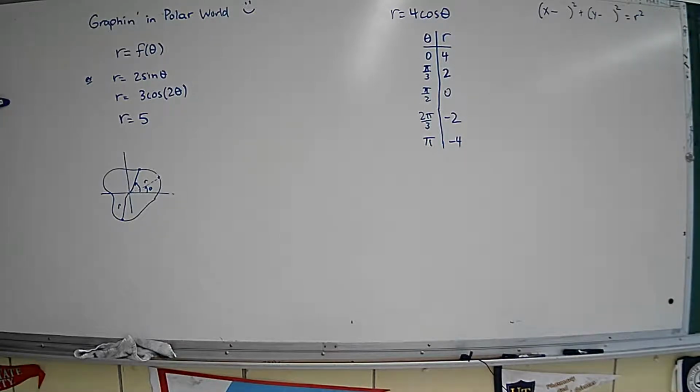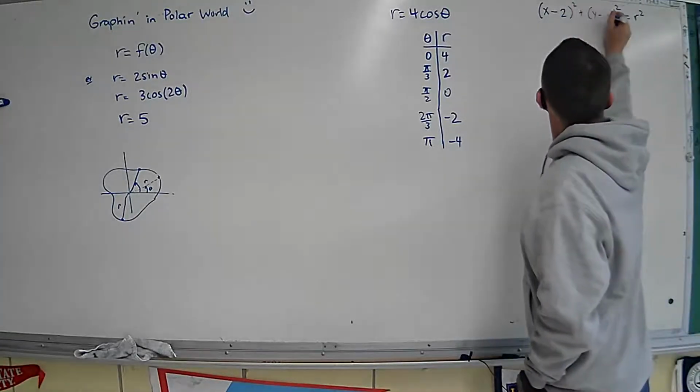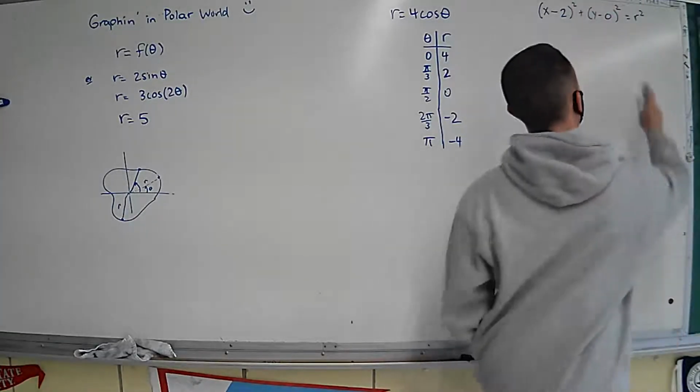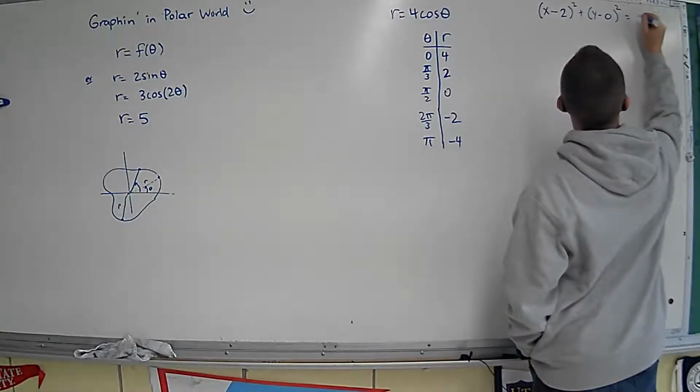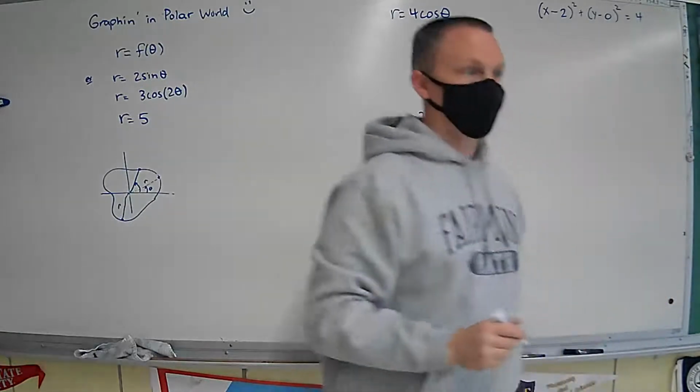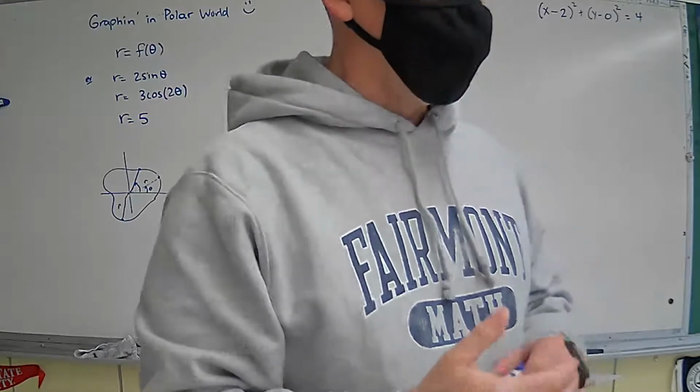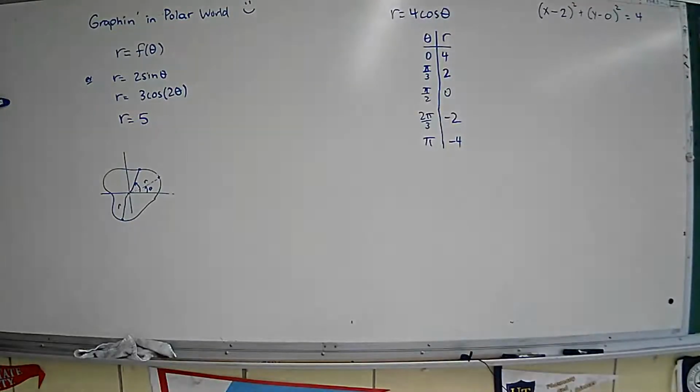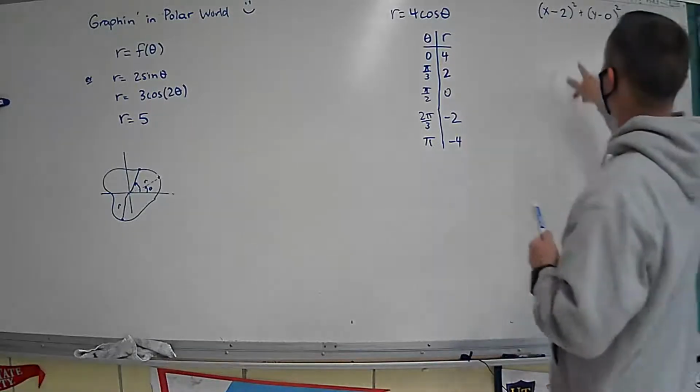What's the center of that circle? 2, 0. So the equation of the circle would be this, right? Everybody agree with that? Can we algebraically prove that by converting r equals 4 cosine theta to Cartesian?